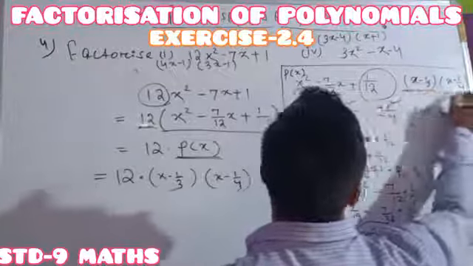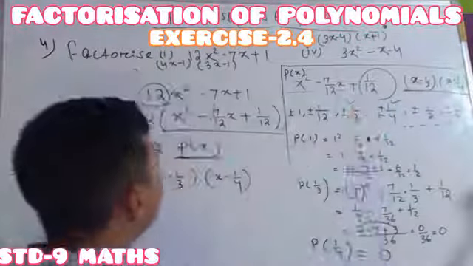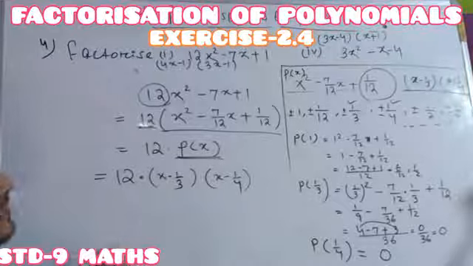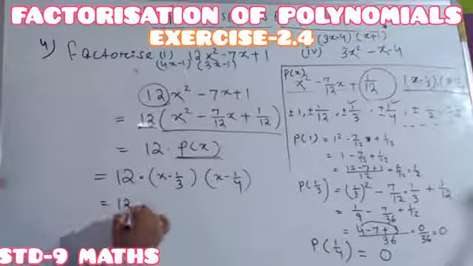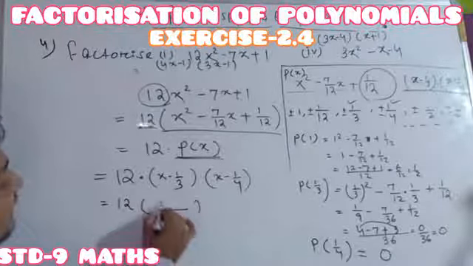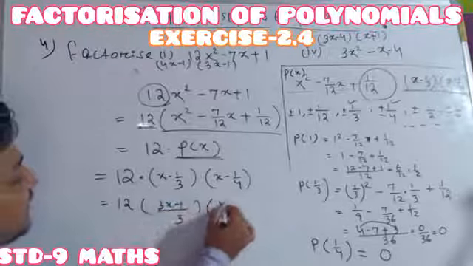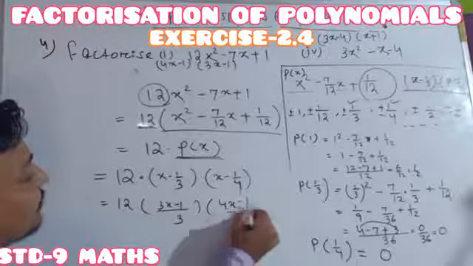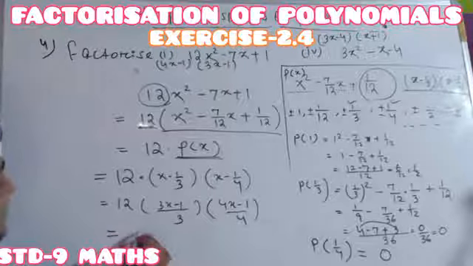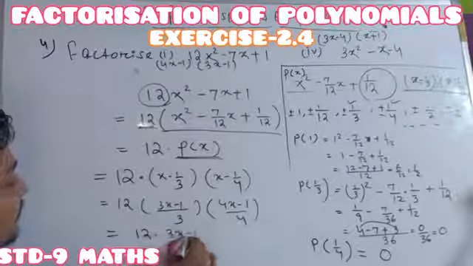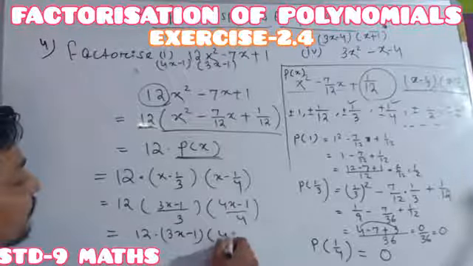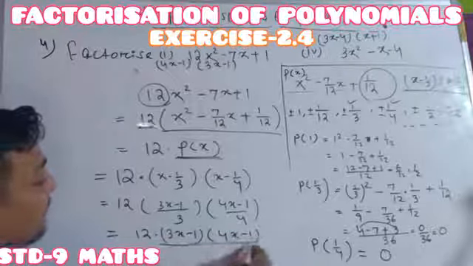As we use the product of both on behalf of p(x), where it is p(x) I am writing this much, and on solving you get 3x minus 1 and 4x minus 1 divided by 4. See here, it is 12 into (3x minus 1) whole into (4x minus 1) divided by 12.